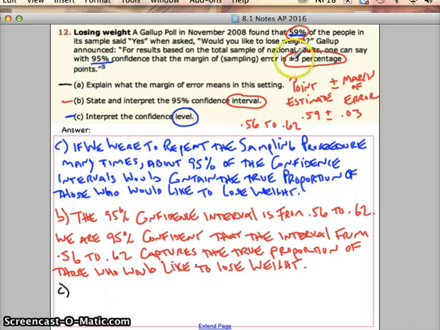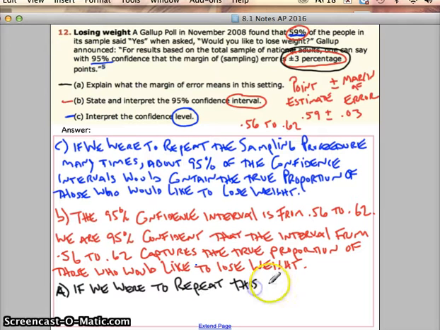So the way that I would explain this margin of error, this 3 percentage points, I would say something like, if we were to repeat this process many times, on average, the sample proportion that we found would be within 3 percentage points of the true proportion.